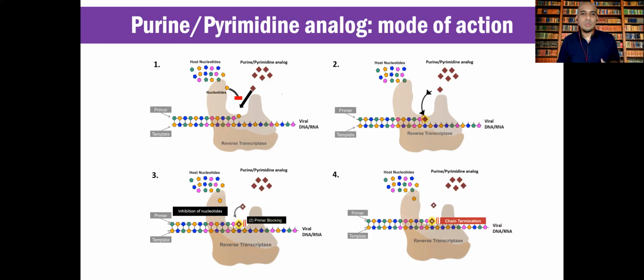What these drugs are going to do is, during the replication process, these analogs will compete with the host nucleotide. These nucleotide analogs will bind to their nucleotide partners and will prevent further elongation of the complementary DNA. This condition is called chain termination.